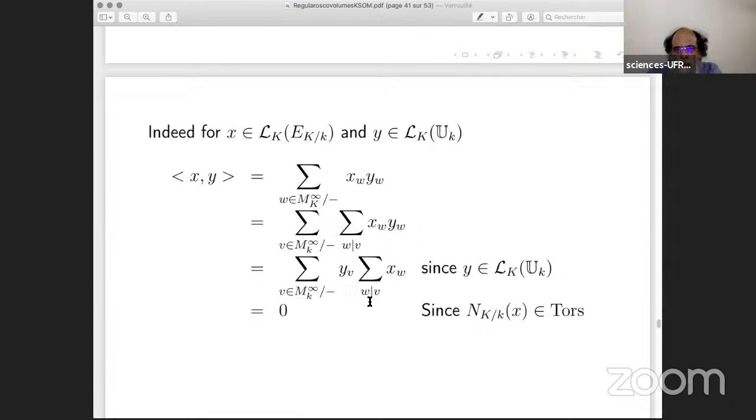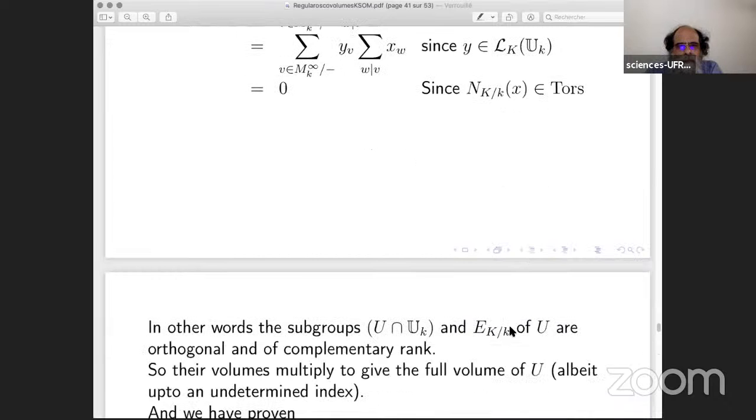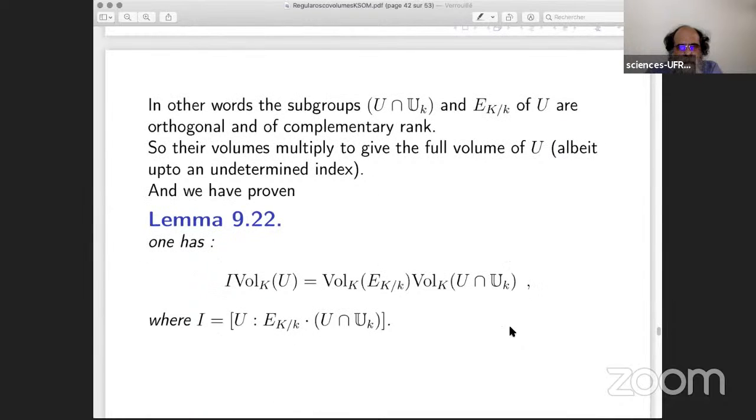So the norm is 1 and the log is 0. So this is 0, and this gives you easily the orthogonality. And they are in complement because it's a rank computation. You show that the sum of the ranks is precisely the full rank of the thing.